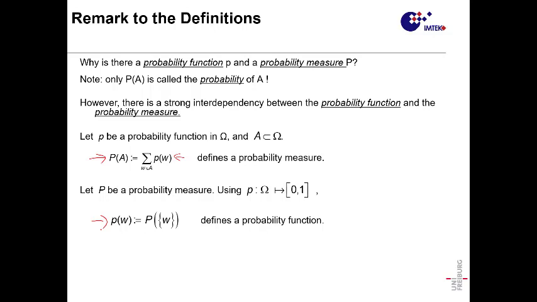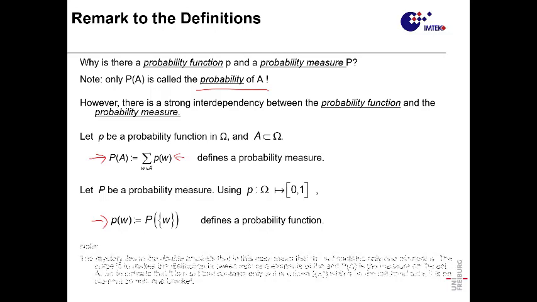But like I said, no worries. For now, we call it probability of A. We don't talk about probability measure or probability function, we just talk about probability of A. So far, so good, right? Nothing really blowing your mind, I guess.